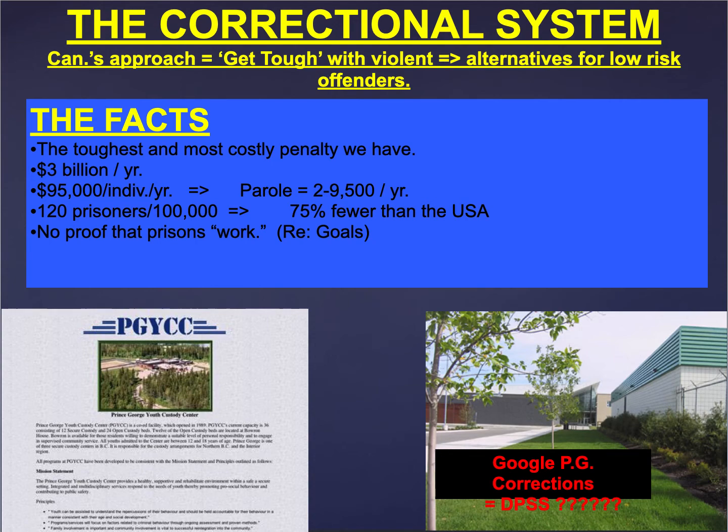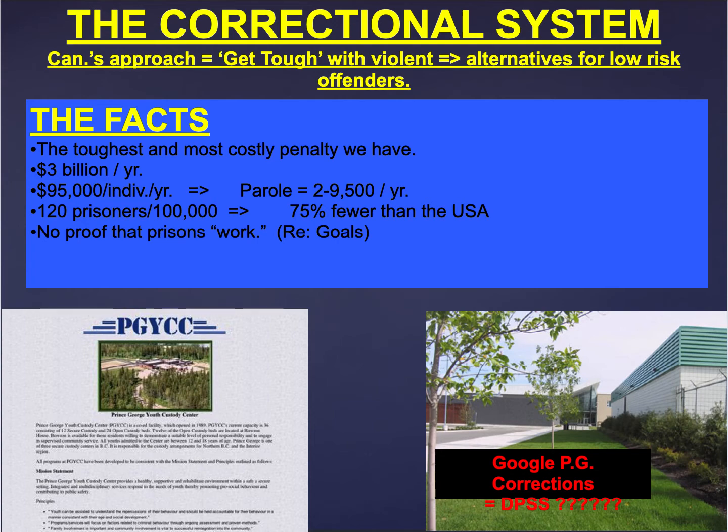There's also the correctional system, which can approach by getting tough and violent or by using alternatives for low risk. Here are some facts. The toughest and most costly penalty we have is life in prison, as we do not practice capital punishment anymore.